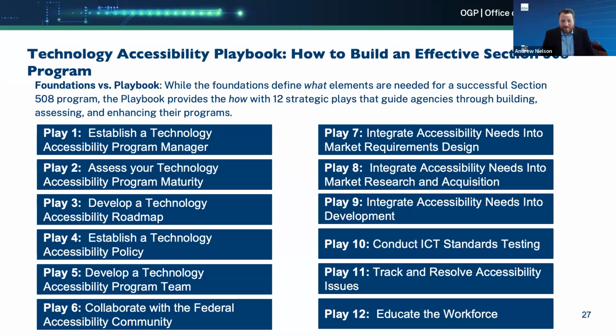Play 12 doesn't necessarily have to be the last play. These aren't all necessarily in order. And that resource is available again on Section 508.gov under our management section, with a lot of great information there.